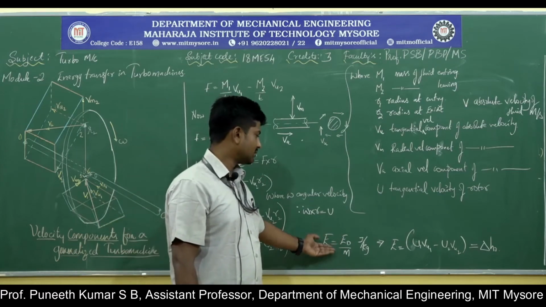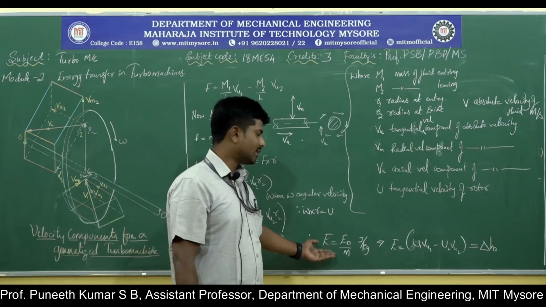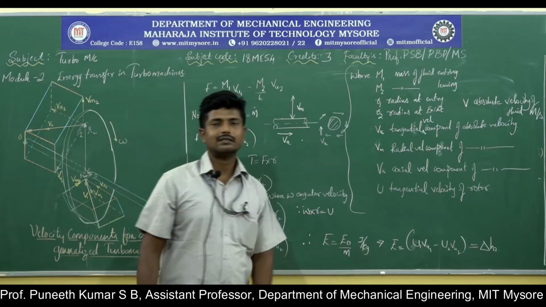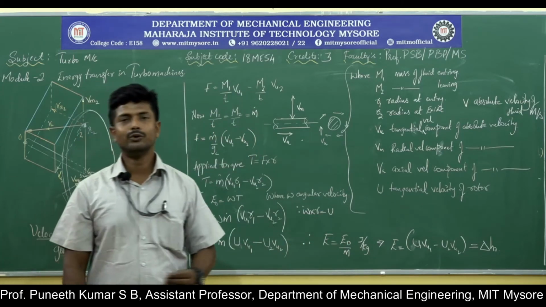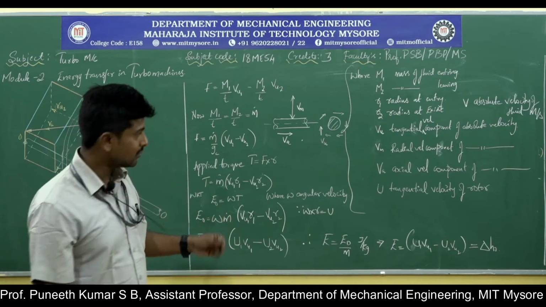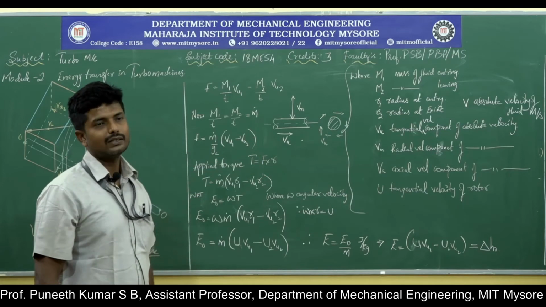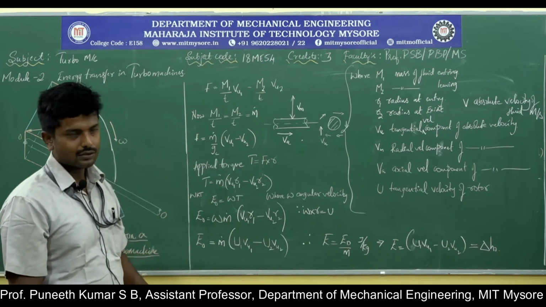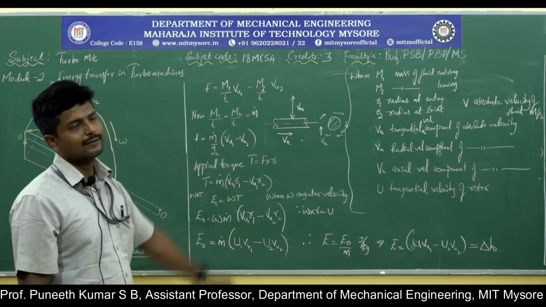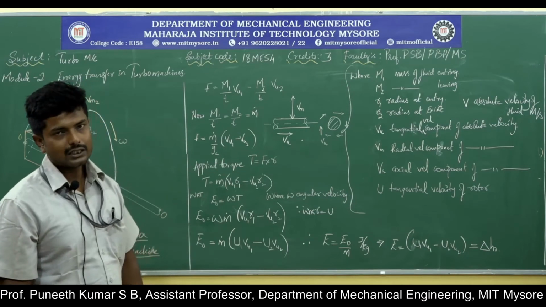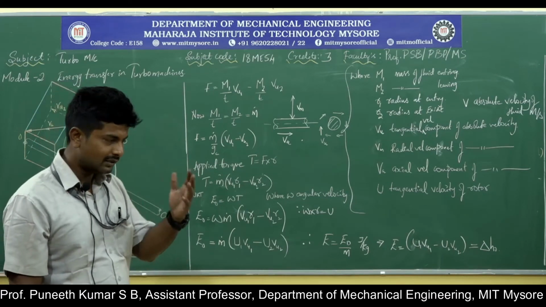That is the purpose. We need to know the energy transfer which has taken place between the fluid and machine. For that, we need to understand the individual values of the resolved velocities, so that we can finally estimate the amount of energy transferred between the fluid and machine.